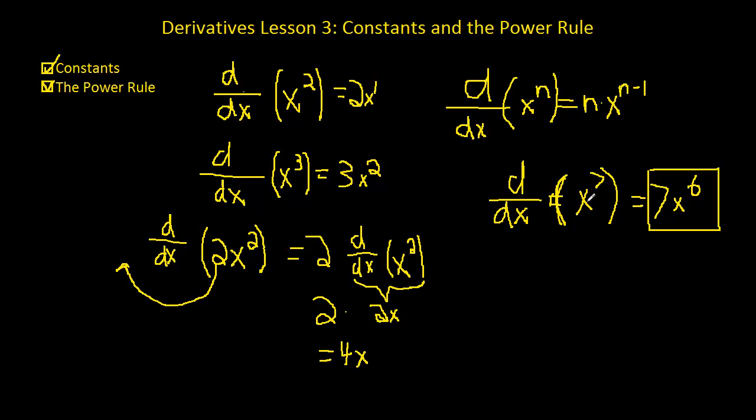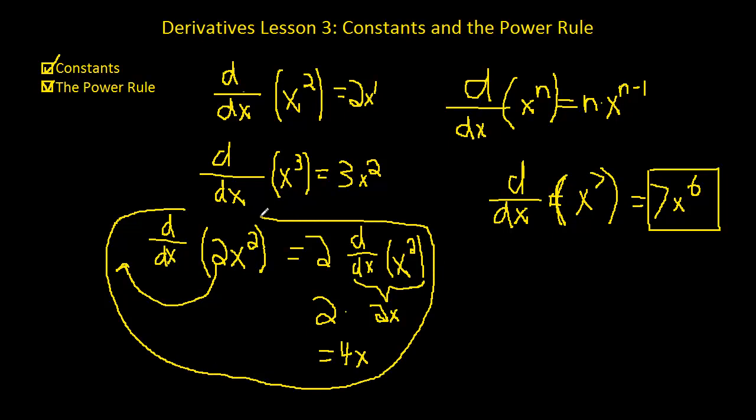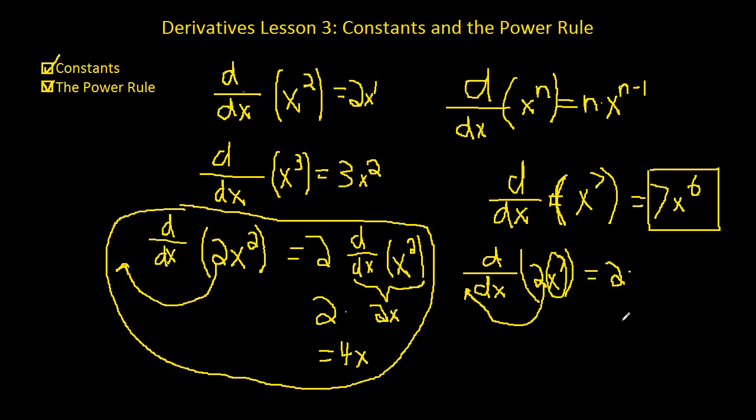Now, we can combine it with this constant multiple rule and say if we had d by dx of, let's say for example 2x to the 7th, the derivative of 2x to the 7th equals 2 times the derivative, we can just pull this 2 out, 2 times the derivative of just x to the 7th.